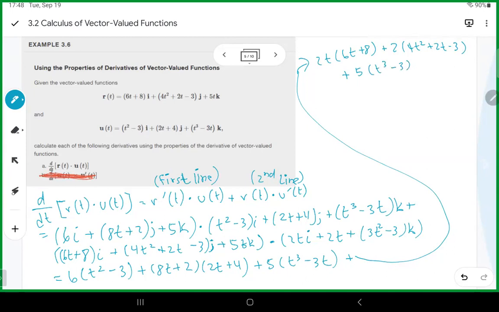So then our overall answer, finally done with it, is going to be 20t cubed plus 42t squared plus 26t minus 16. Oops. That is the solution to part A.